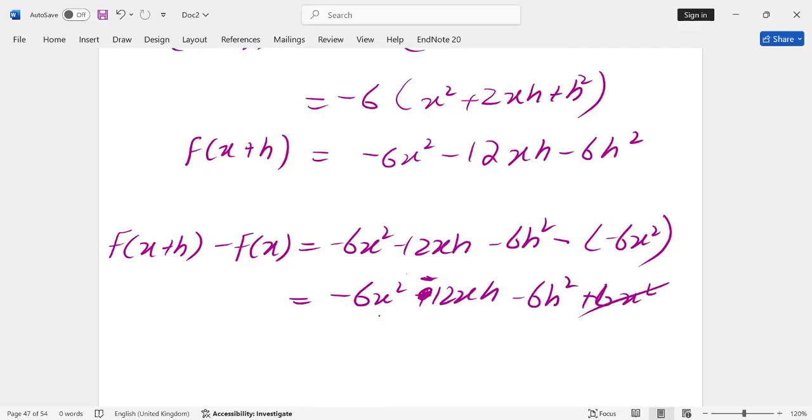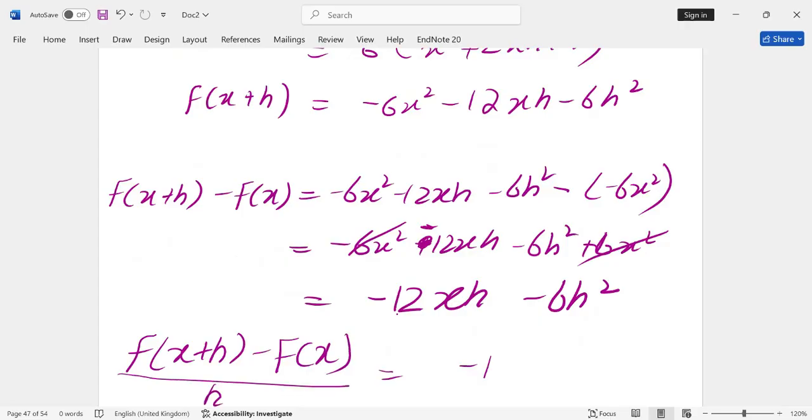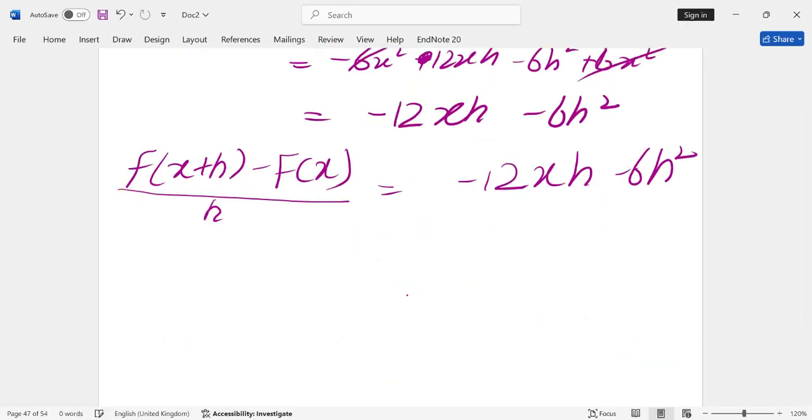This value cancels with this, and we have minus 12xh minus 6h squared, okay? So this is the value of this function. And now we have to divide this term by h. We have f of x plus h minus f of x divided by h, equals minus 12xh minus 6h squared, and this is divided by h, okay?